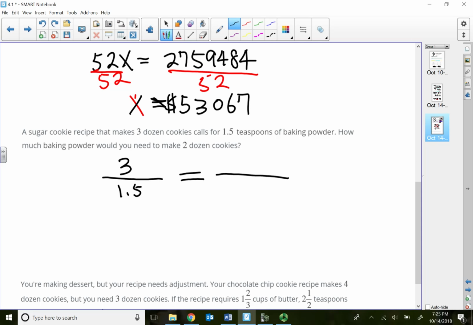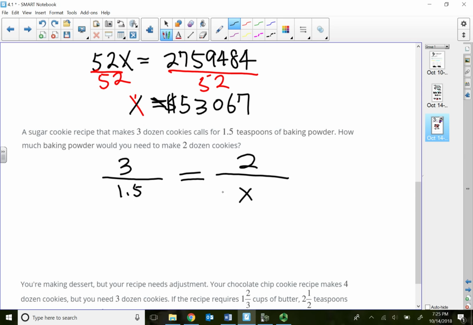What happens if I only need to make 2 dozen? The rate is 3 dozen cookies for 1.5 teaspoons, so 2 dozen for how many teaspoons of baking powder? That will be X.